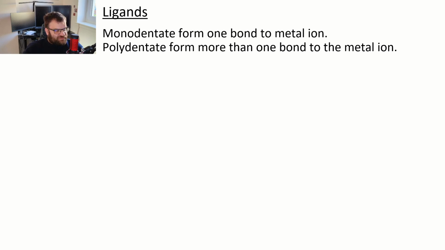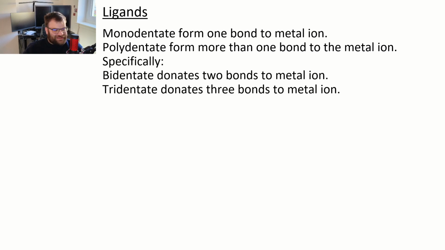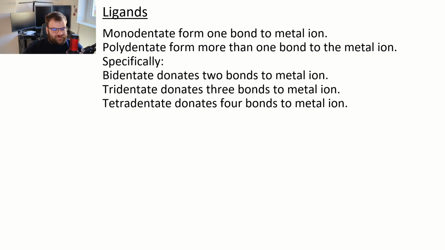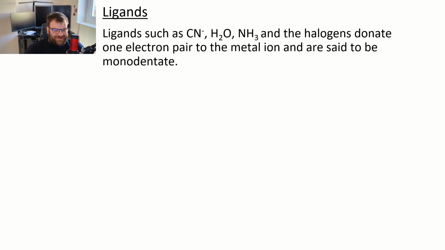There are specific words for specific numbers of bonds they can make. We have bidentate for 2, tridentate for 3, tetradentate for 4, pentadentate for 5, and hexadentate for 6 electron pairs being bonded to that metal.